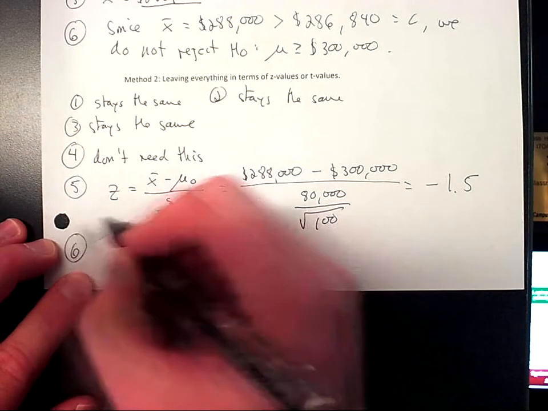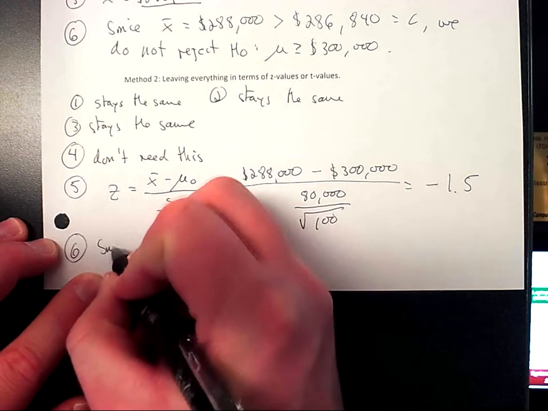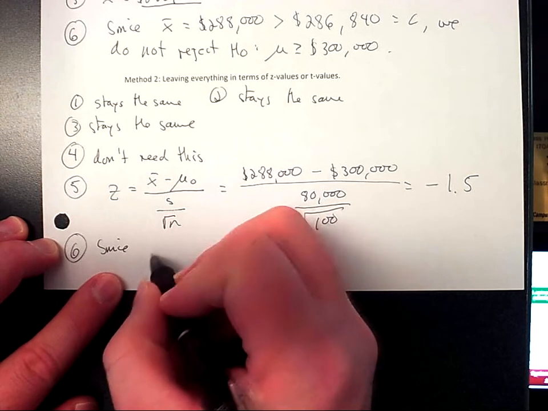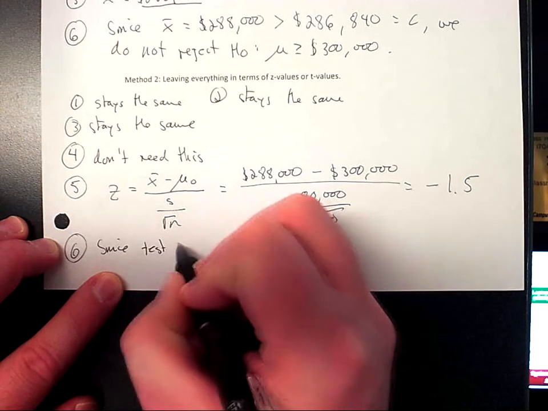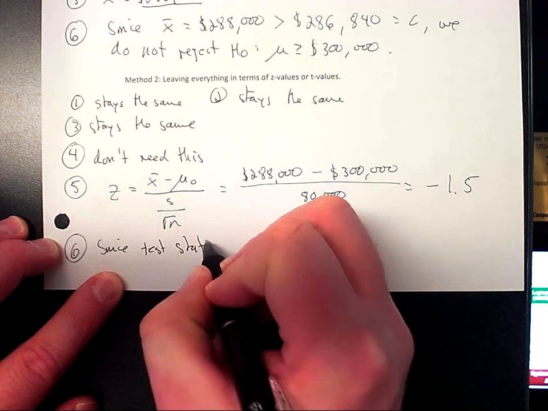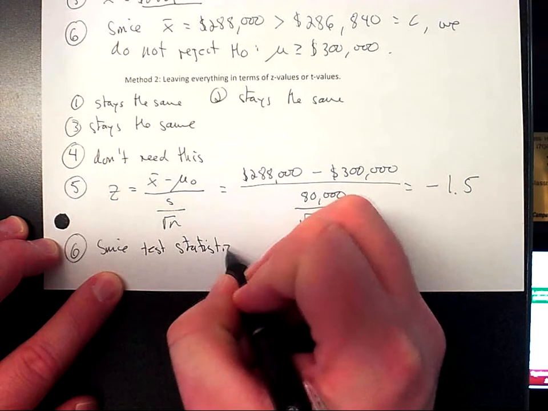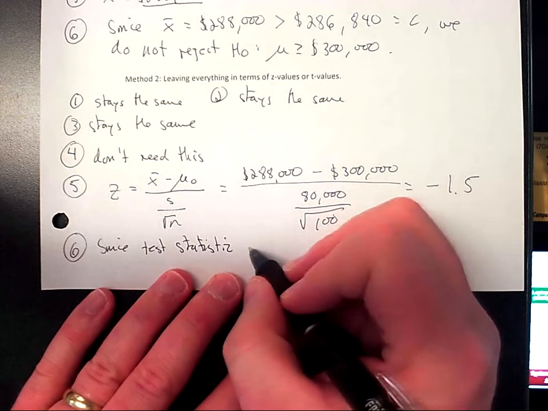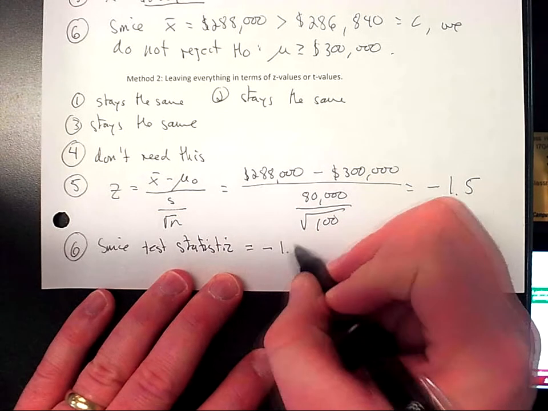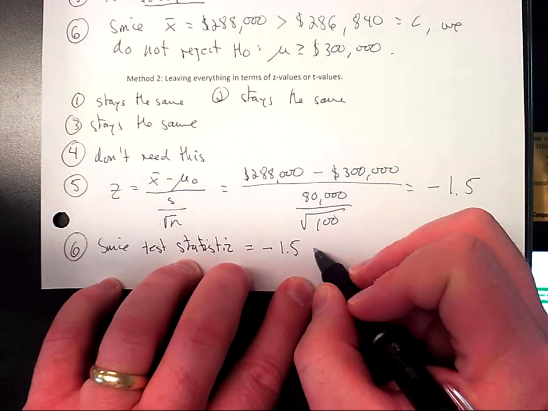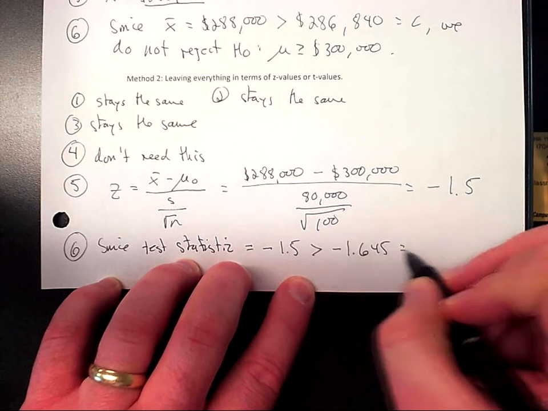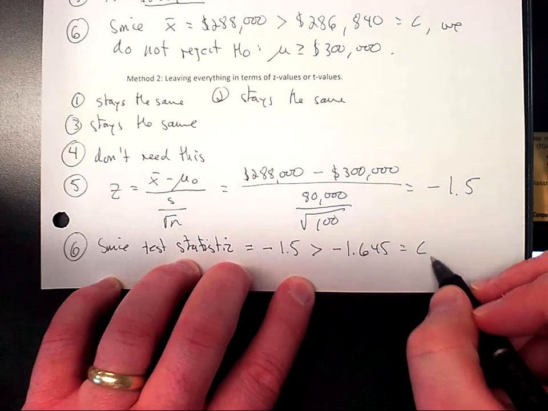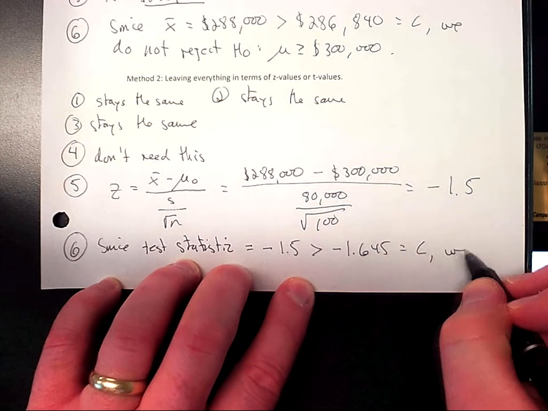So therefore, we're going to arrive at the exact same conclusion, just worded a little bit differently. And we're going to say that our test statistic, which is negative 1.5, is strictly greater than negative 1.645, which is our left-hand side critical value.